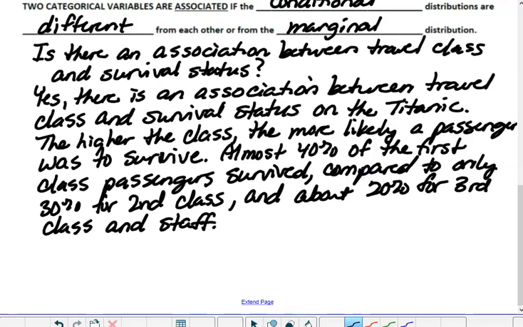So this is a complete answer when you're asked to explain whether or not there is an association between two categorical variables. Answer the question in context. Then support your answer with specific statistics from the graph or the table.